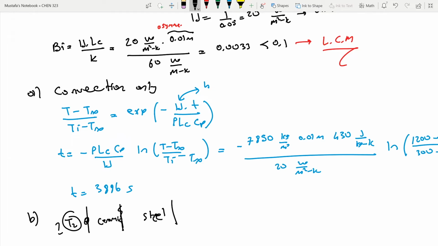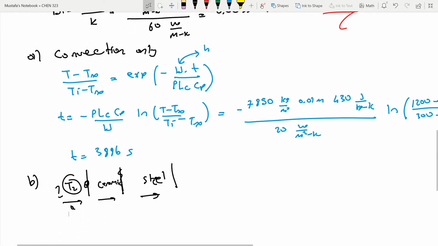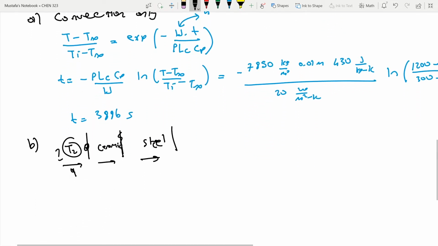So it is a steady state problem. So that means if we do an energy balance, energy coming in from convection has to go through the same Q everywhere. If this heat coming from gas to the ceramic is Q, it has to go through the ceramic at Q, and from ceramic to steel as Q.